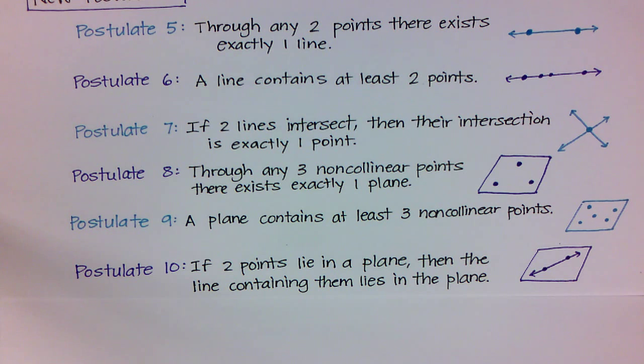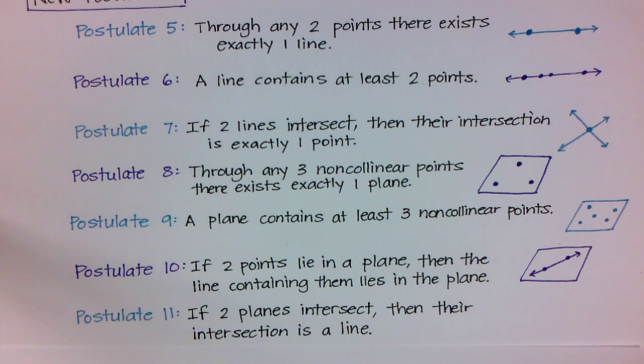Okay? And the final postulate for today is postulate 11. It says, if 2 planes intersect, then their intersection is a line. Okay, so bear with me, I'm going to try to draw this.